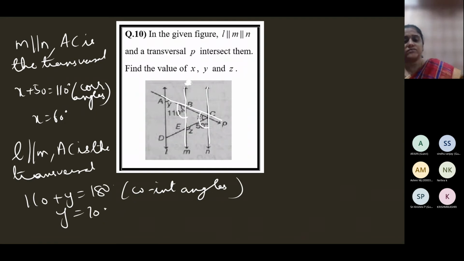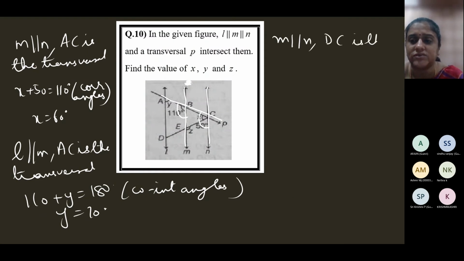And for Z, M is parallel to N, and DC is the transversal.